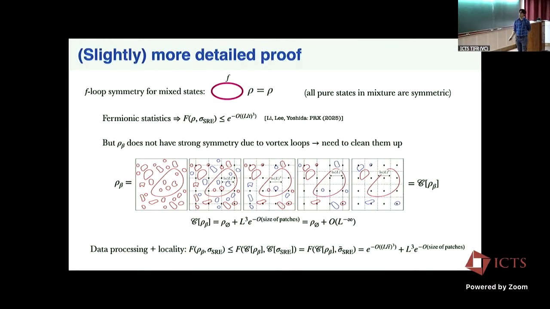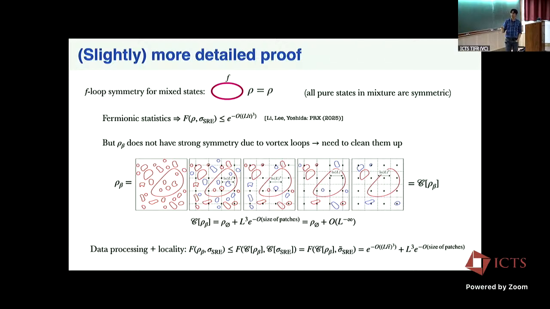The second step of the argument uses something called the data processing inequality, which tells you that when I take two states and apply a quantum channel to both of them, they can only get closer to each other. Or in terms of the fidelity, their fidelity can only increase.